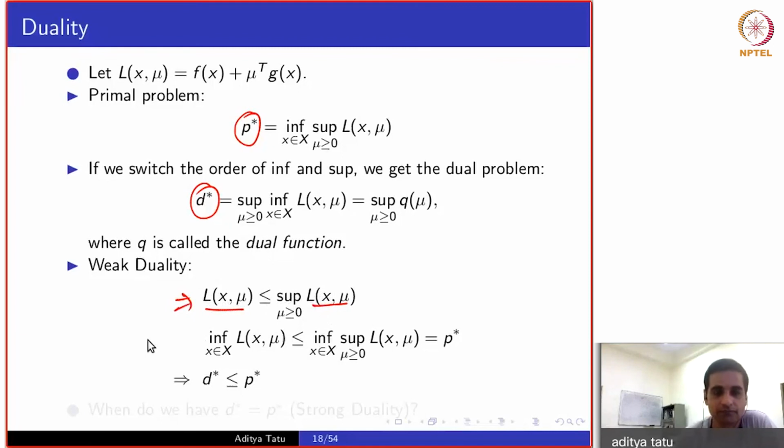Now if I minimize both sides, it's still not going to change the inequality. That's going to remain the same. I'm minimizing both with respect to the same variable x. If you look at the right hand side, you get p star. And if you look at the left hand side, you get d star.